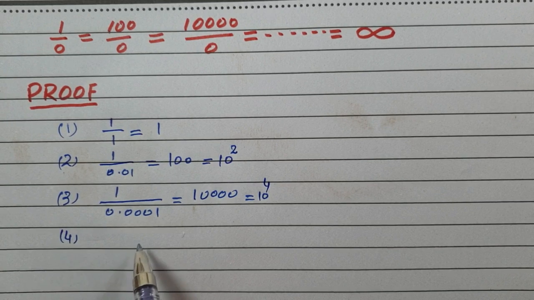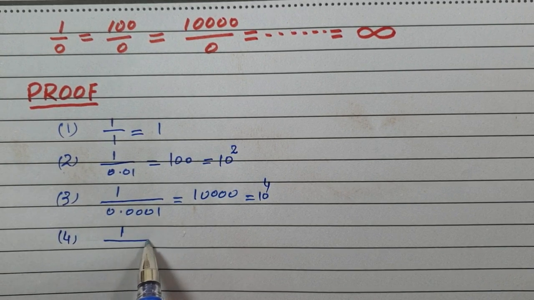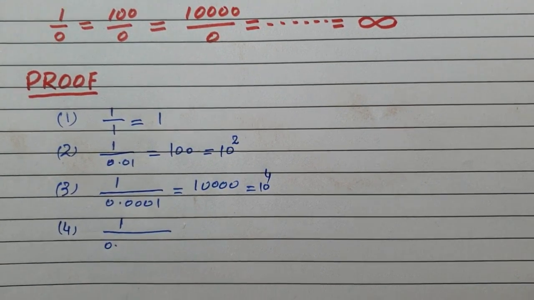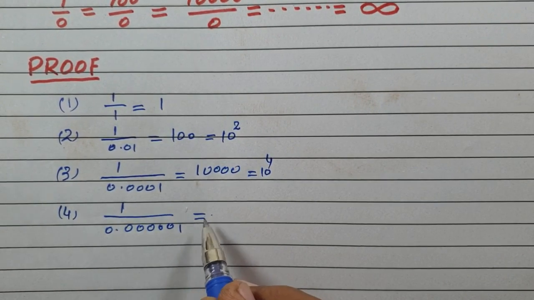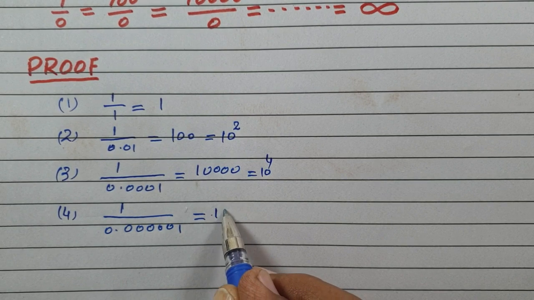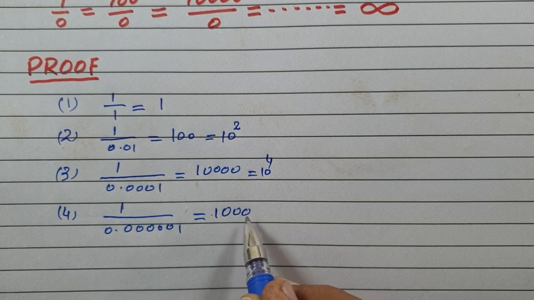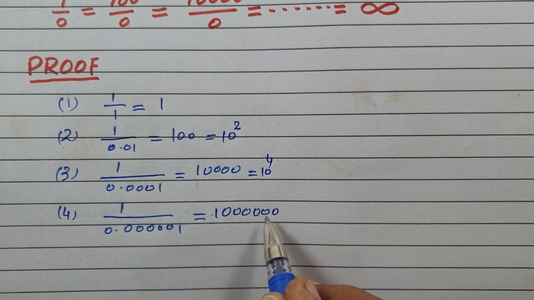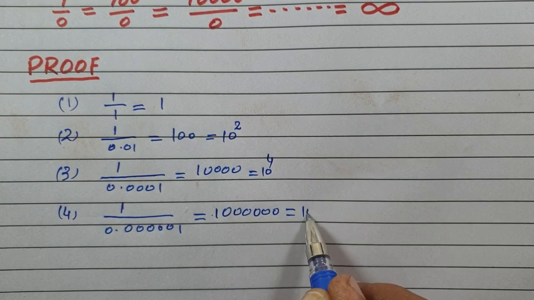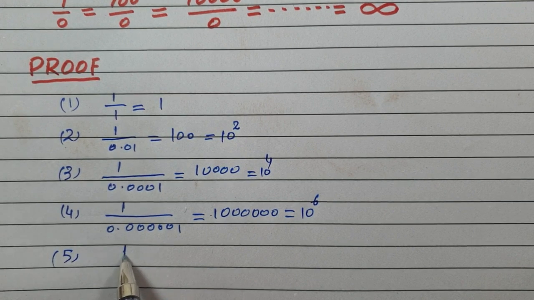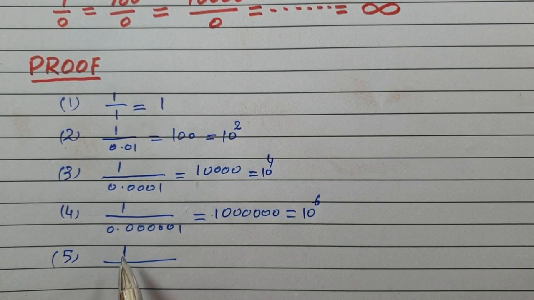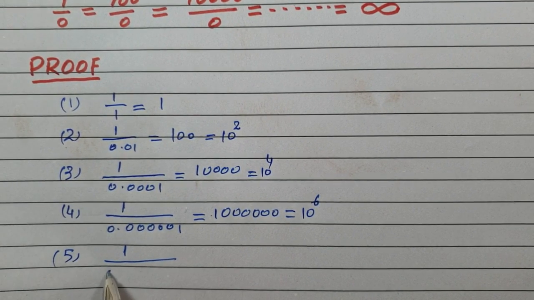In the next step, when 1 is divided by 0.000001, we get 10 to the power 6. When 1 is divided by 0.